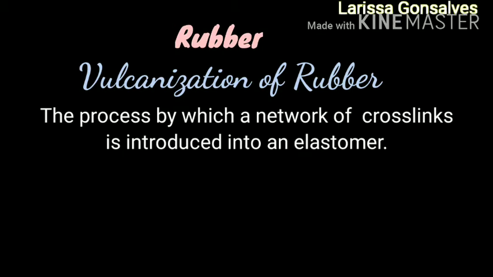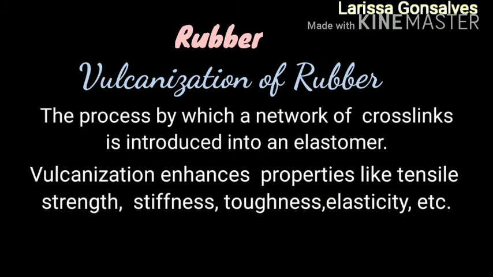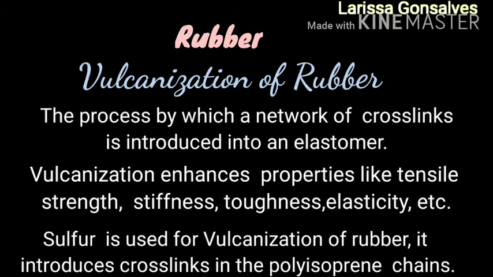Once vulcanization is done, it enhances properties like tensile strength, toughness, stiffness, elasticity, etc. The most commonly used vulcanization for natural rubber is sulfur vulcanization because sulfur helps to form cross links between the polyisoprene chains, which helps in improving the properties of natural rubber.